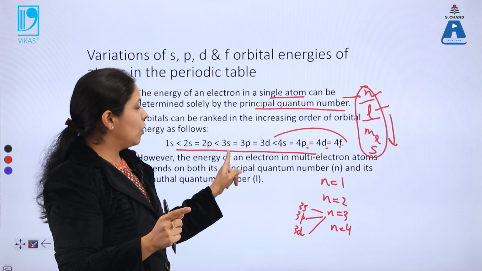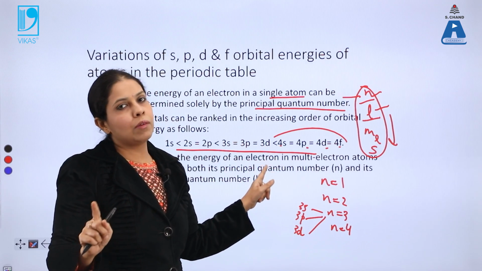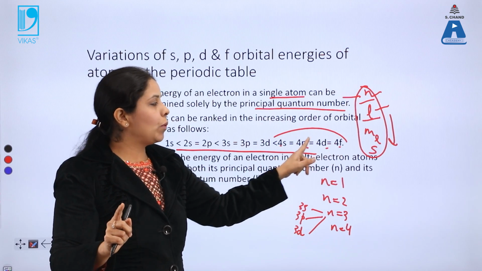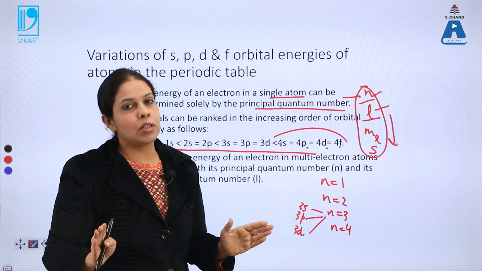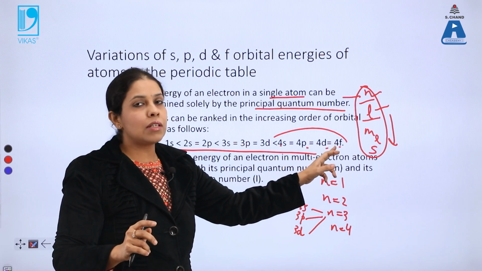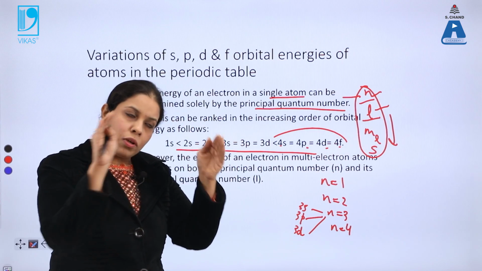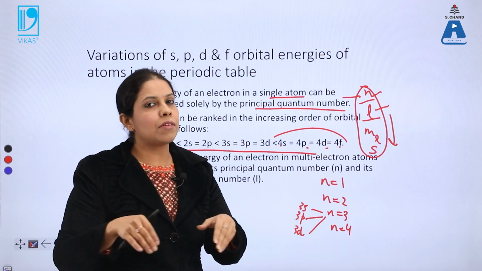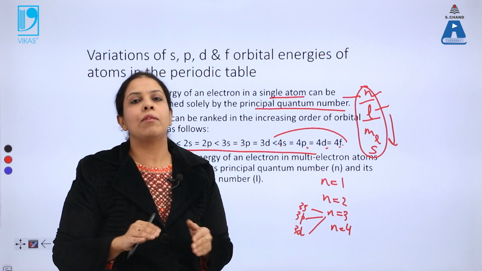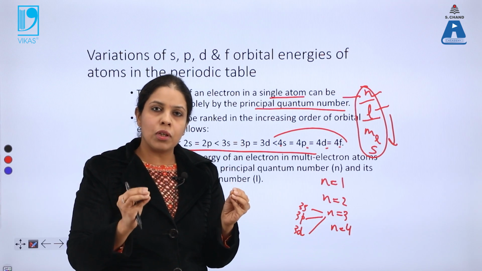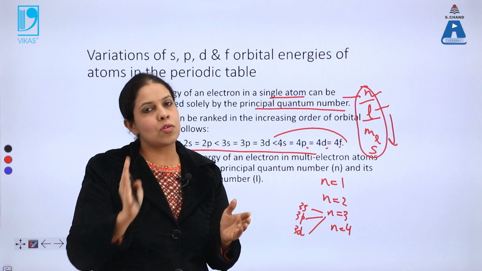In that case, 3s, 3p, 3d won't have the same energy. Same is the case with 4s, 4p, 4d and 4f, which will not have the same energy, because over here we haven't considered whether the electron is coming in s, p, d or f orbital. We are only considering that these electrons are entering the fourth shell, so they have the same energy. But in a multi-electron system, it won't be the case. So you have to consider both the values n as well as l.